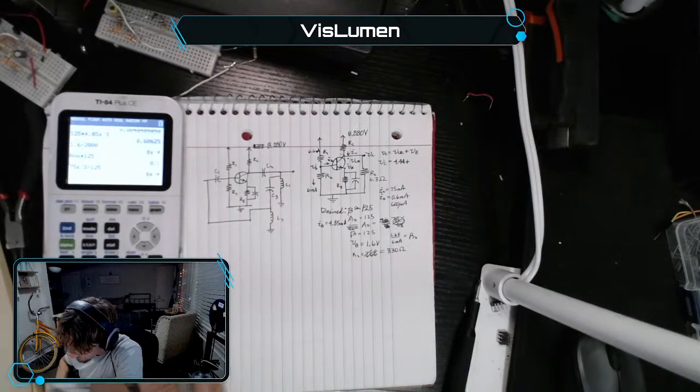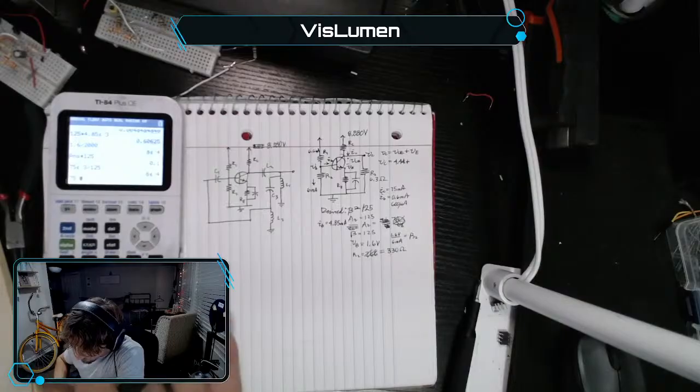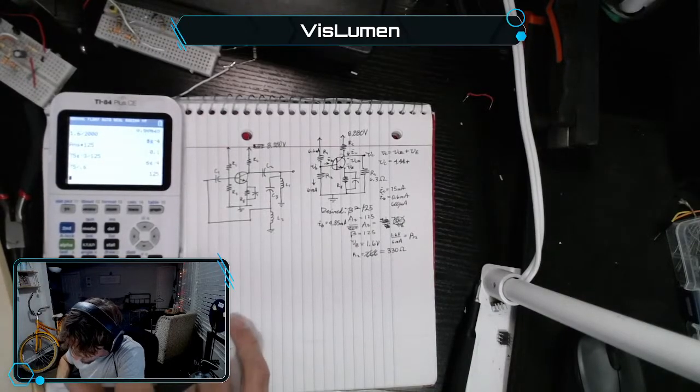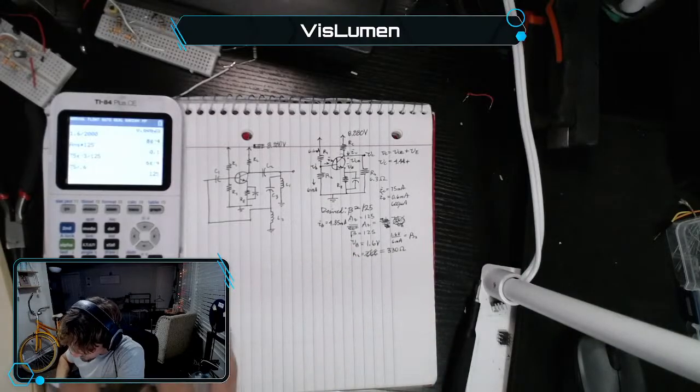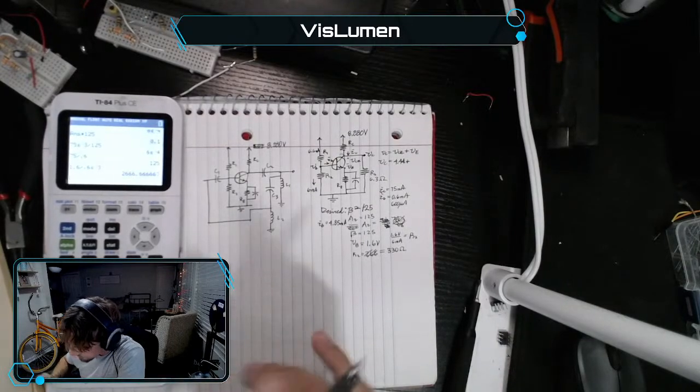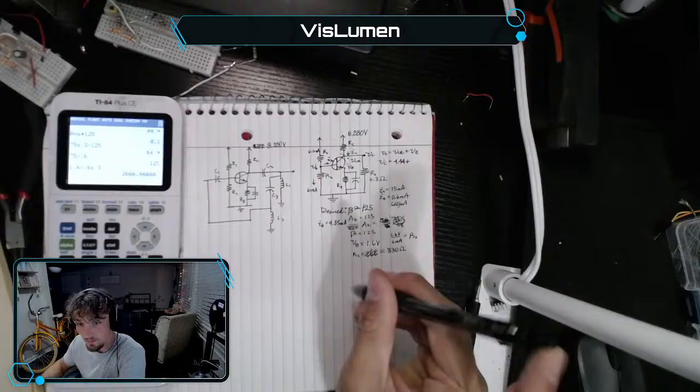Did I mess that up? 0.75 divided by 0.6, 125. Okay, maybe I messed that up. So 1.6 divided by 0.6 e to the negative 3. Ah, okay, I did mess it up.